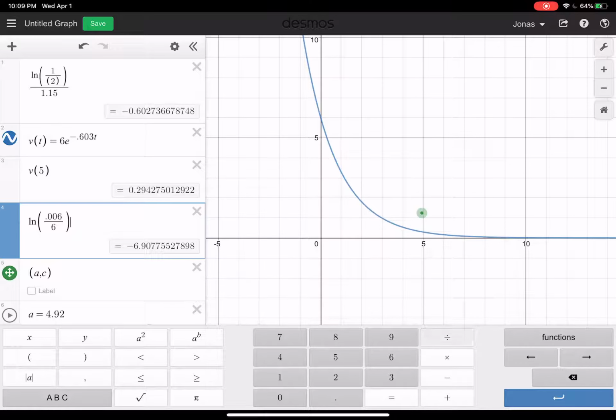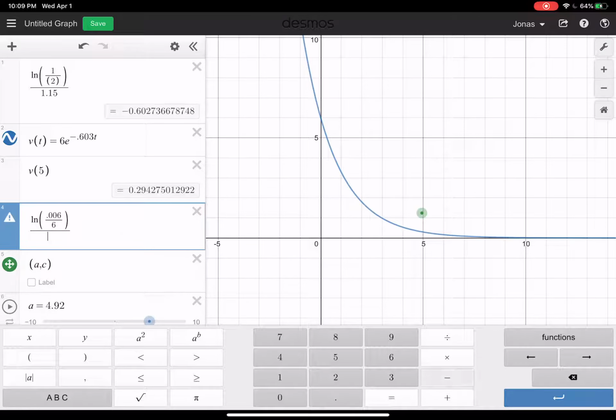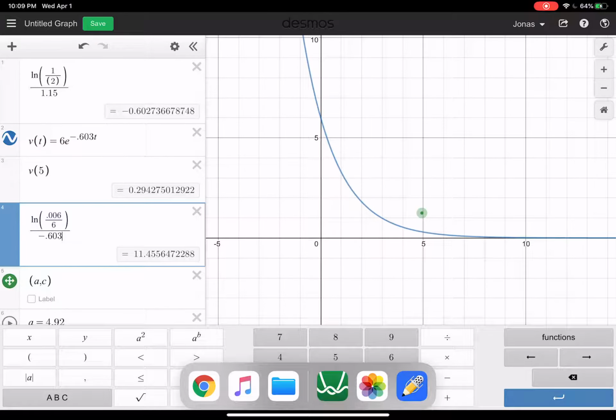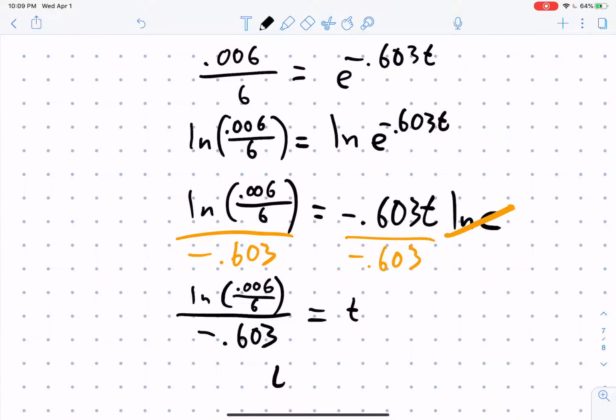And then that whole thing divided by that negative 0.603. And what do we get? Well, we get, let's say, 11.46. So t equals 11.46. And what is t measured in? It's 11.46 hours.